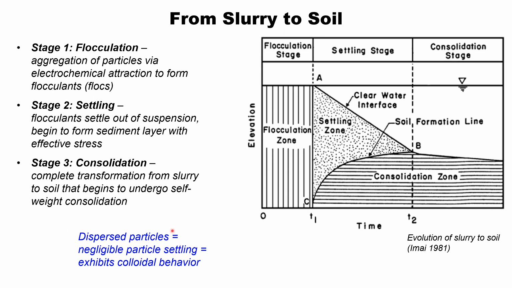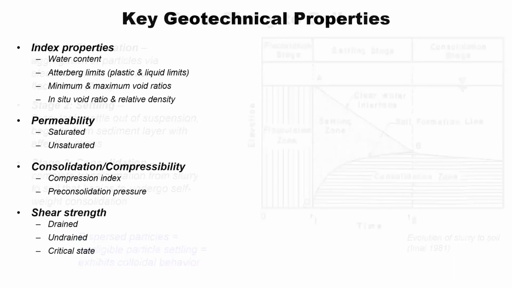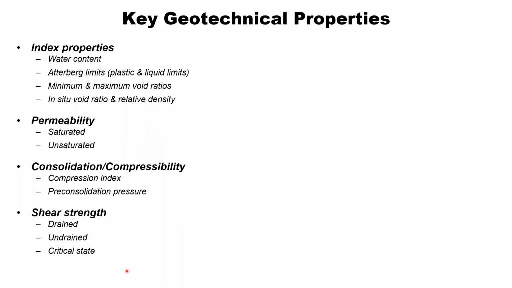These are those particles that may include our dissolved ions and other types of very fine particles that never do settle out. They exhibit more of a colloidal behavior and follow different physics. Now, we're going to focus the rest of our time here on talking about the key geotechnical properties of this material as it goes through that settling and into the consolidation stage.